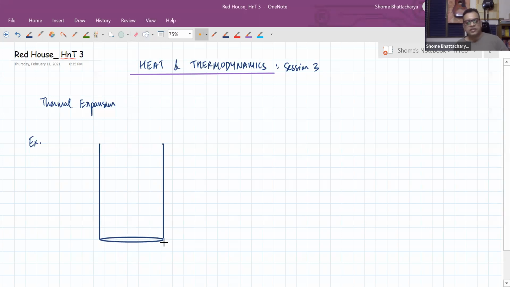So we have this cylindrical glass container, but it's not graduated, so there is no marking to measure volume in it. And this contains some liquid initially.